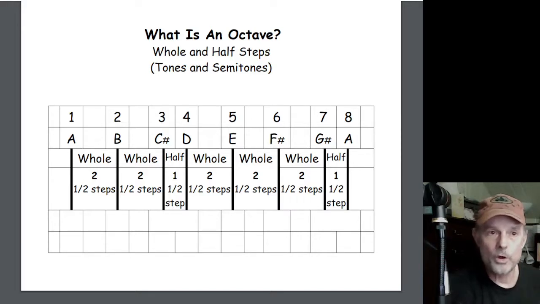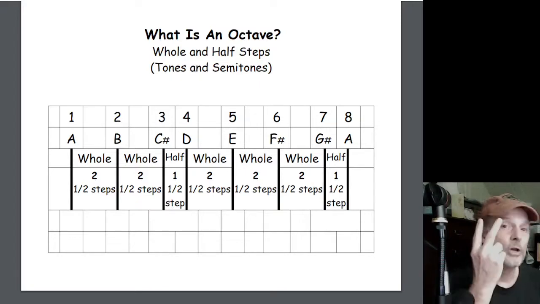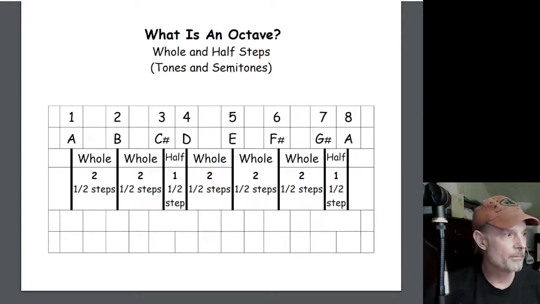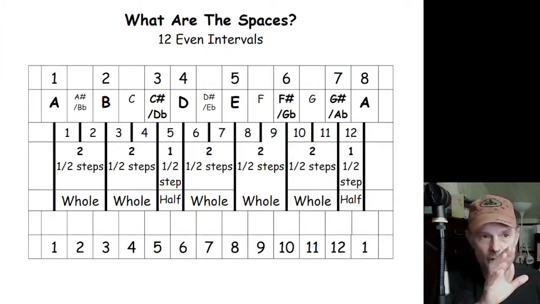But we don't have to say to ourselves whole, whole, half, whole, whole, whole, half. We can say 2, 2, 1, 2, 2, 2, 1. Now, if you will follow me here, you will see how all of a sudden everything opens up.